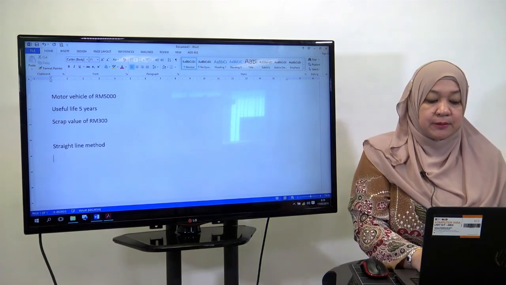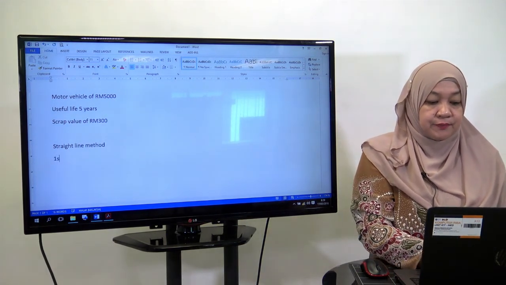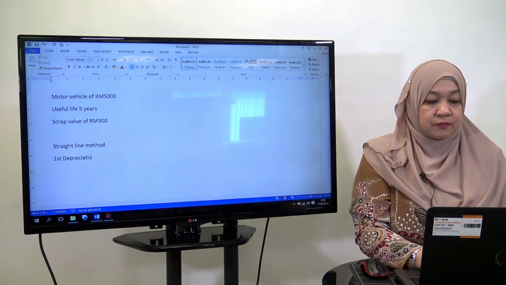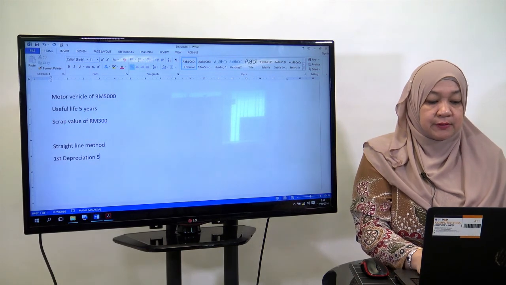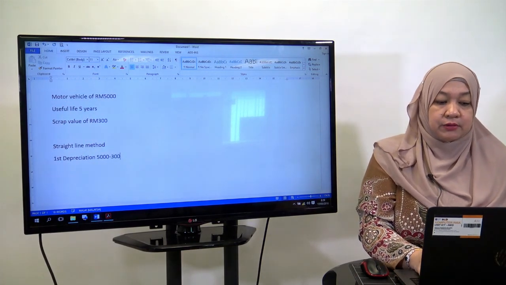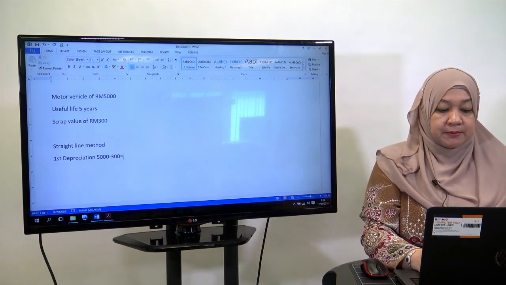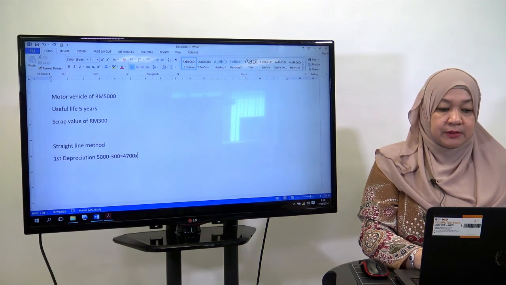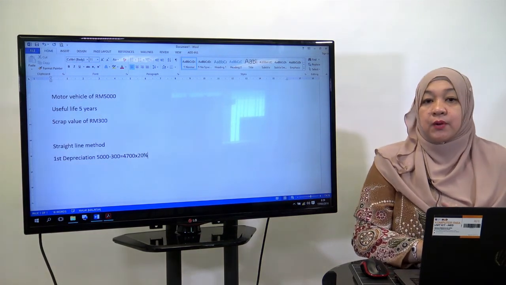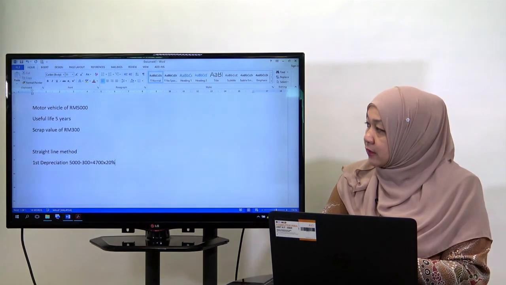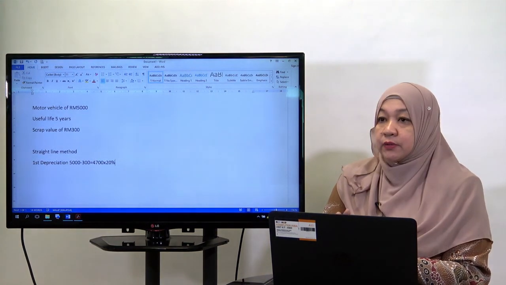To determine your depreciation for the first year, it would be 5,000 minus your scrap value 300, which becomes 4,700, then times 20%. Why I use 20% is because a useful life of 5 years is equivalent to 20%.